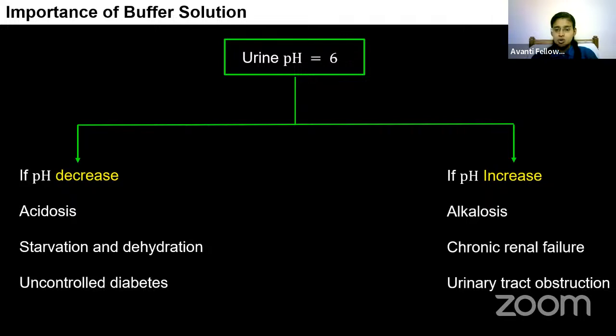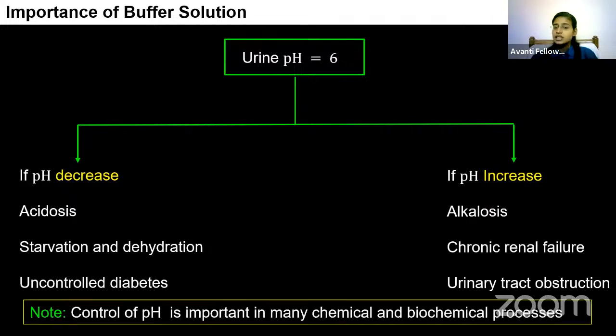So the control of pH is very important in many chemical and biochemical processes. Whether it is the pH of the blood or the pH of the urine, it should be maintained properly. Otherwise, it will lead to many diseases.